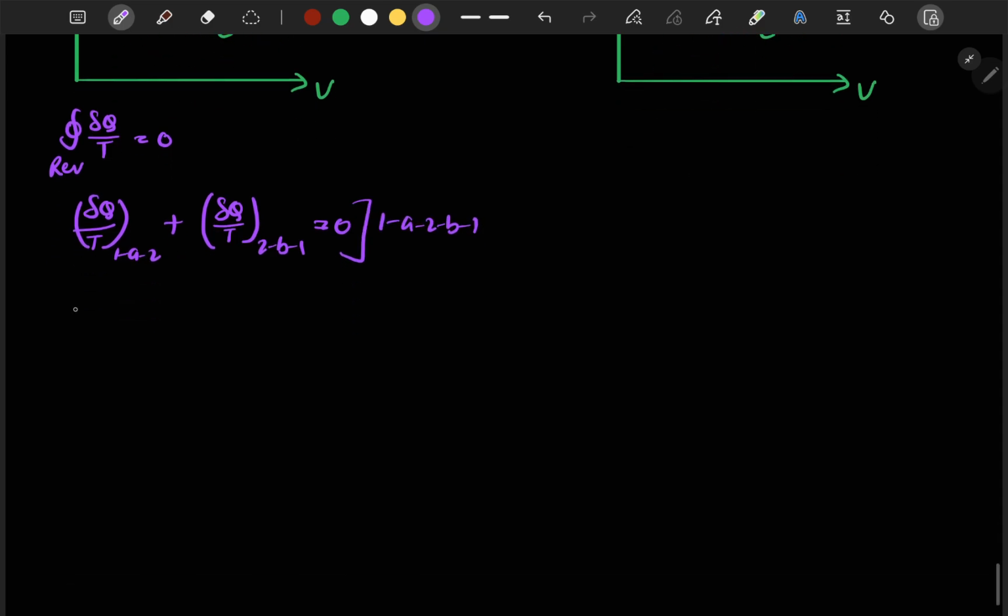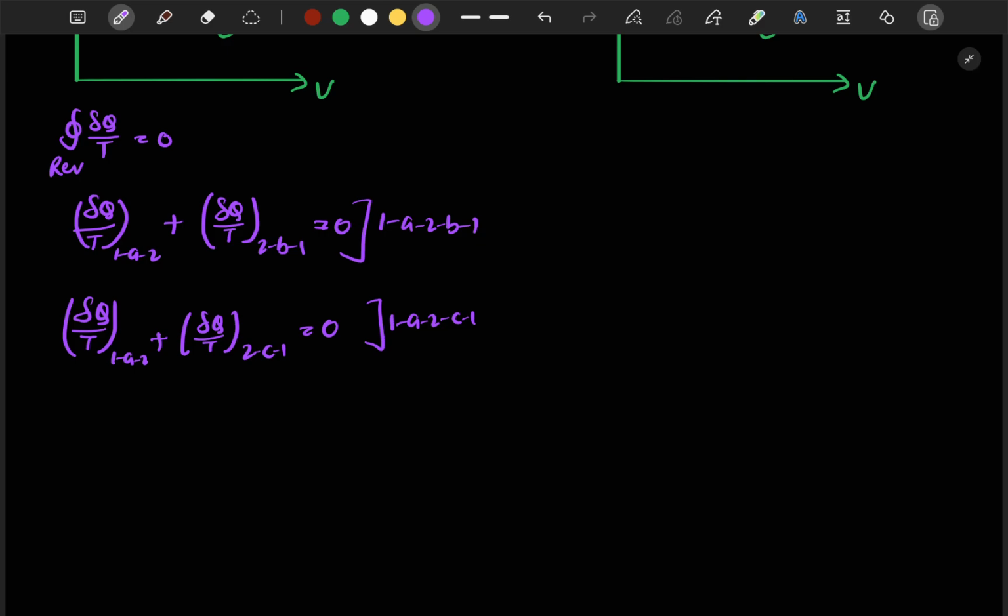Okay. Now for the other cycle, let's say the other cycle to be 1A2C1. So here we will get del q by T at 1A2 plus del q by T for 2C1, and we will get 0 for this term also, because all the processes are reversible.